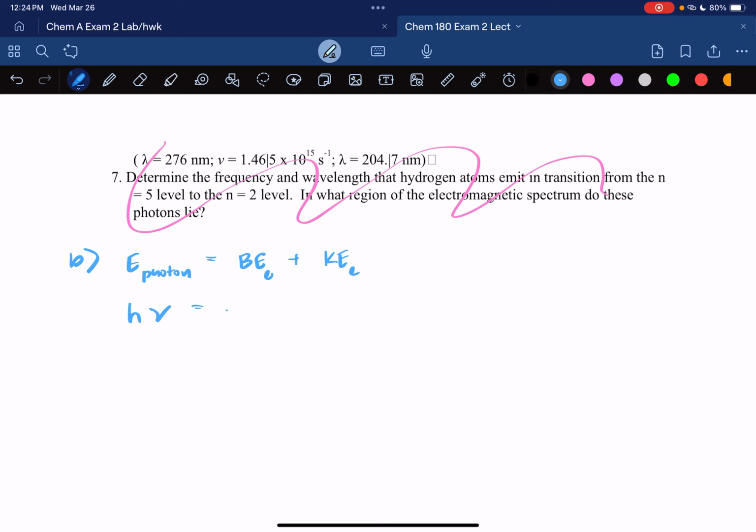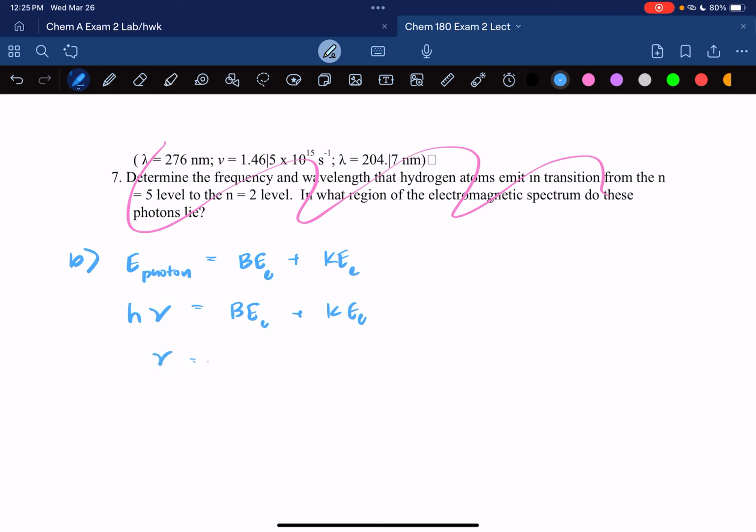And so if I want to find out what the frequency should be, it equals the binding energy plus the kinetic energy divided by h, Planck's constant.